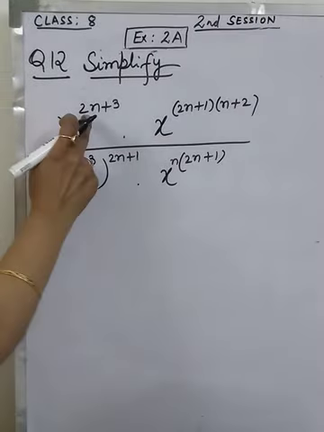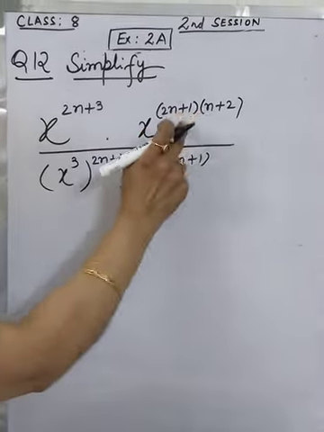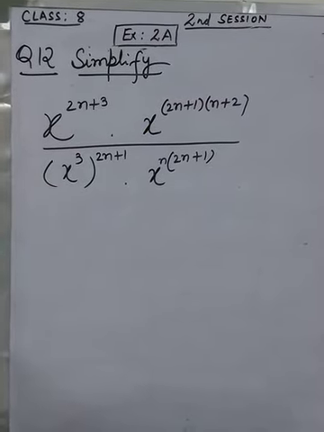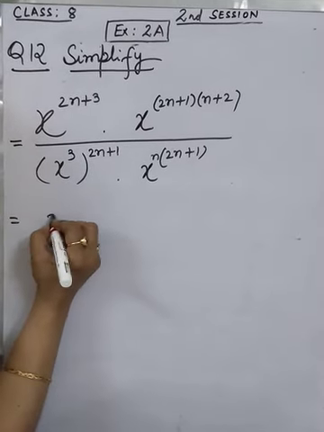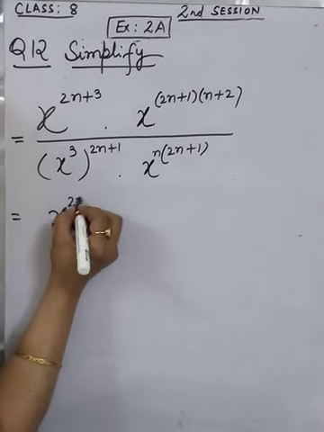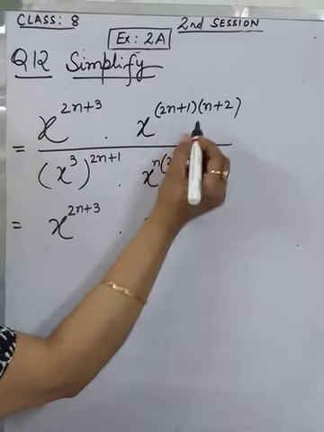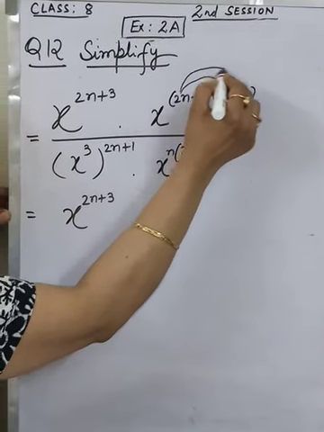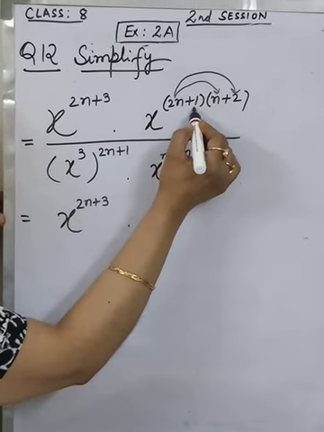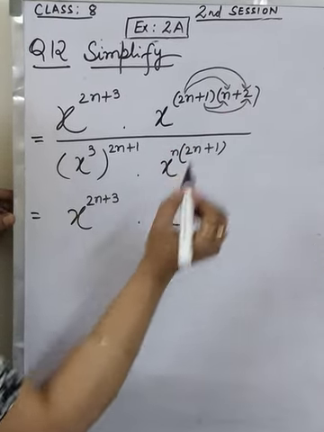So firstly, x to the power 2n plus 3 we'll write as it is. First we will solve this. When we have two powers, first we will find the product of those powers. So x to the power 2n plus 3 as it is, and I multiply with this. So 2n will be multiplied with n as well as with 2, and this one will be multiplied with n as well as with 2.